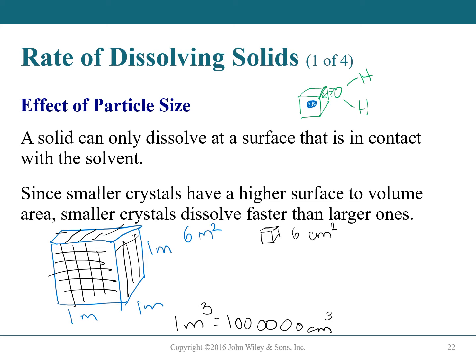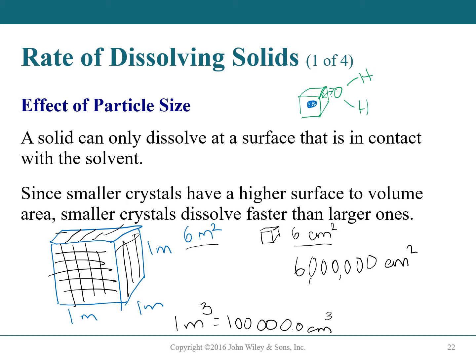But now, this seems pretty big, this is really tiny. But don't forget, how many do I have? I have 6 times, how many cubes here? 1, 2, 3, 4, 5, 6. I have 1,000,000 of those little cubes. So now my surface area is going to be 6,000,000 square centimeters.